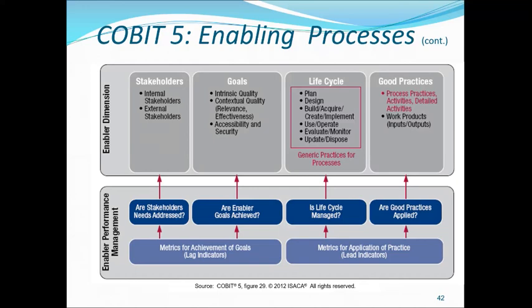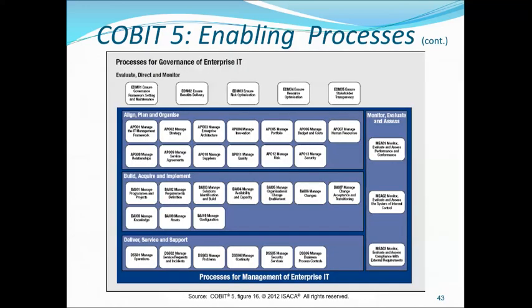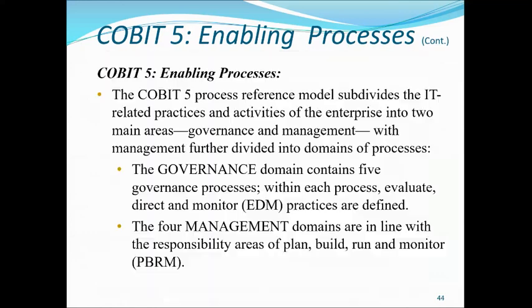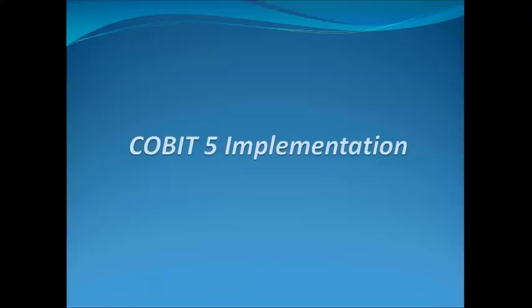So you can see this model. You can read all of that if you are going into detail on the COBIT 5 enabling processes. Here, of course, we don't have to go into these details. I'm just giving you some sort of a view of governance and how they do it.